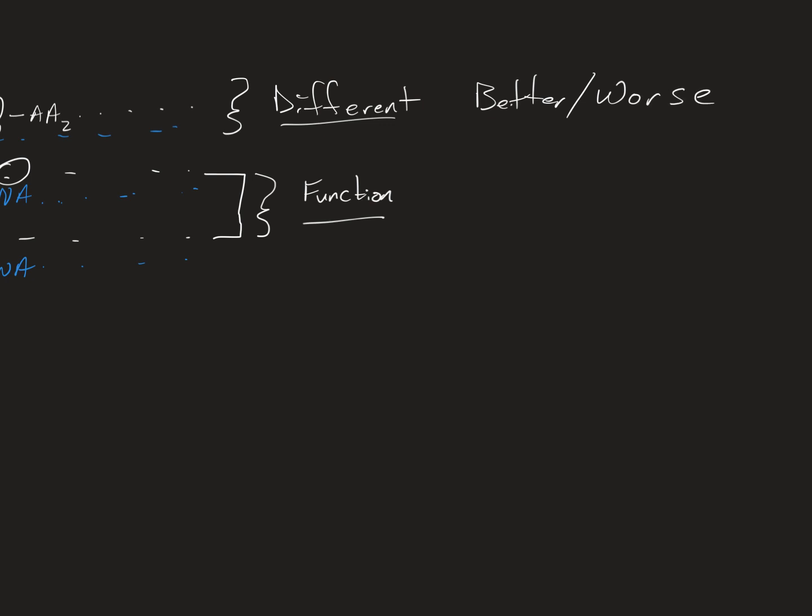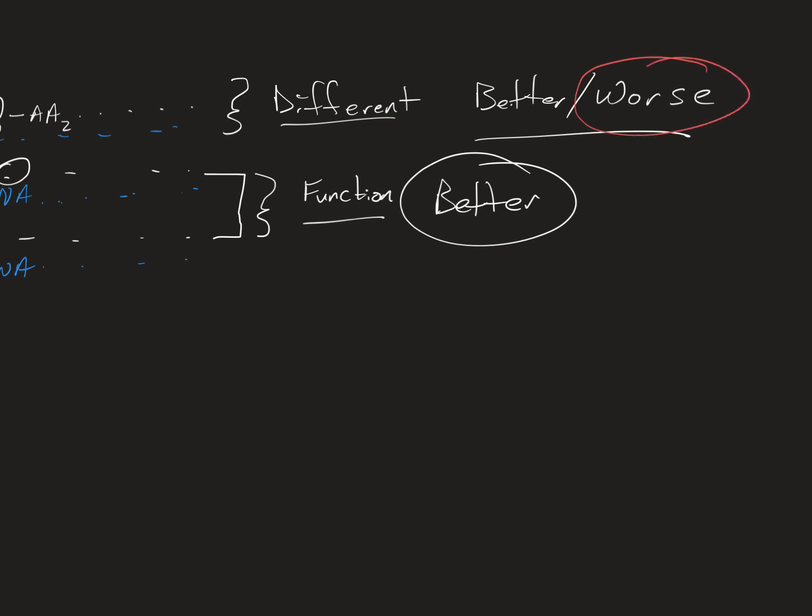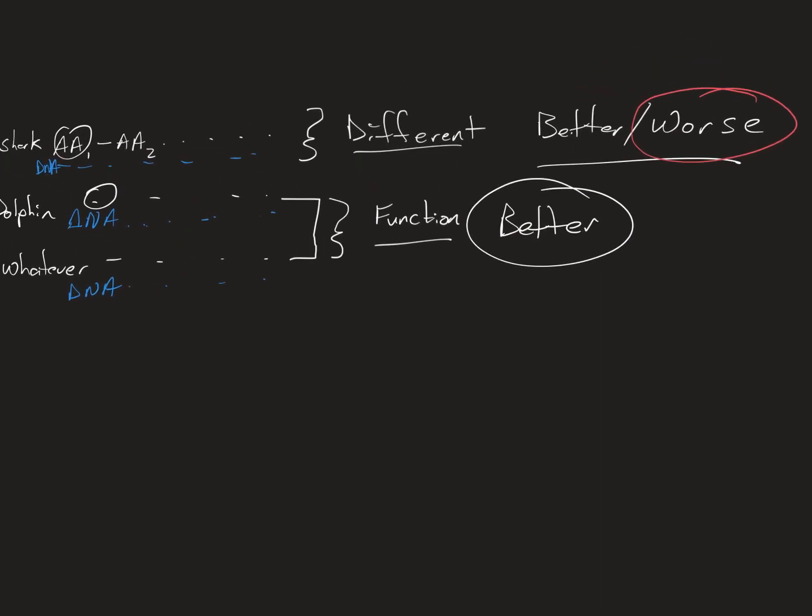And so what happens when natural selection comes along? Let's say the protein is muscle, and let's say this version of the protein is better, and this version of the protein is worse.